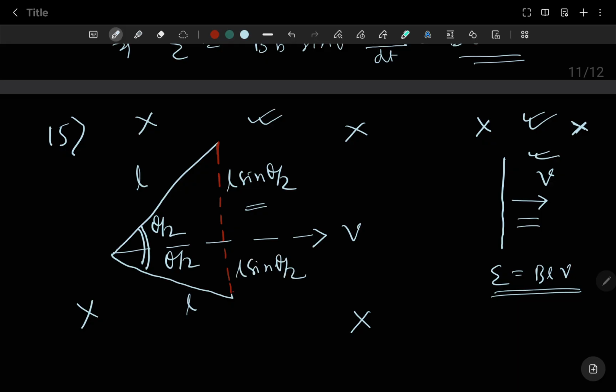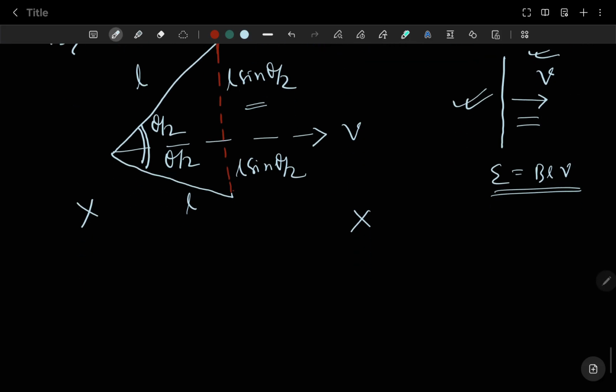Now you see, if you consider this red colored rod, then the velocity of this rod is perpendicular to the length, like in the conventional case. Clear?